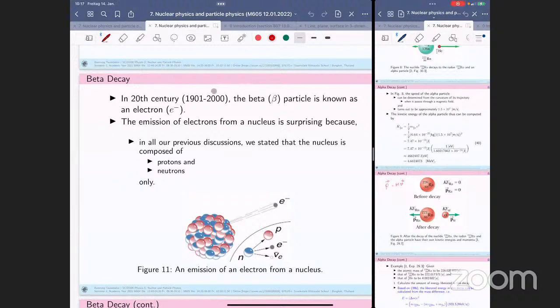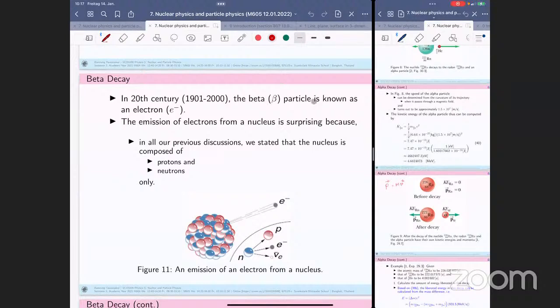It involves a newer particle and a newer process that humans observed in the 20th century, around 120 years ago, when scientists started to observe some particles and processes.